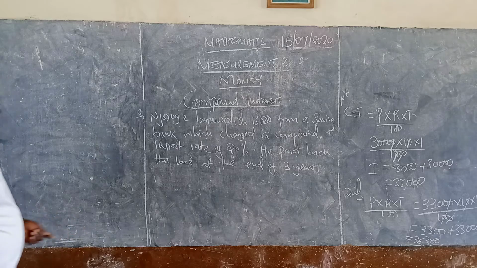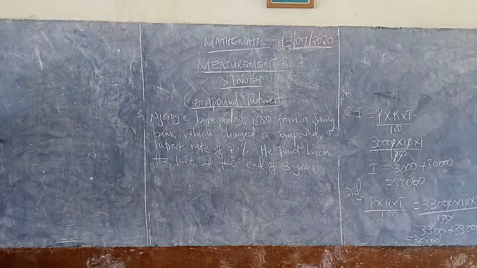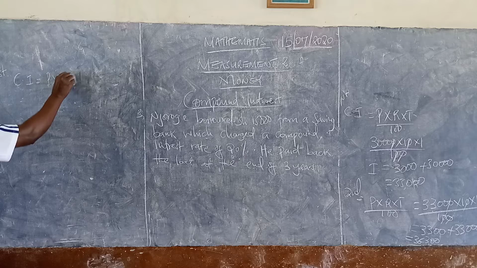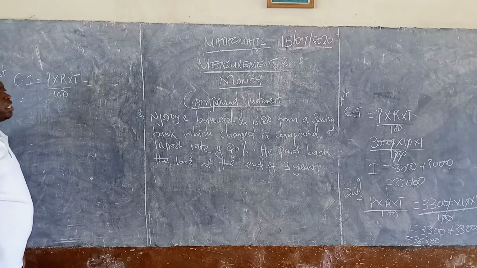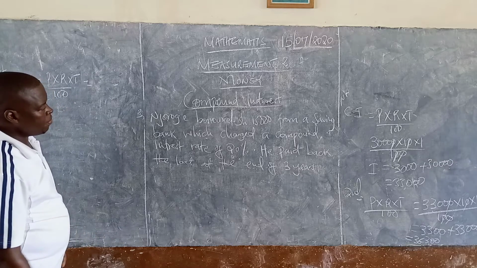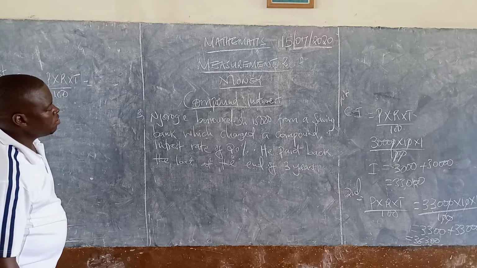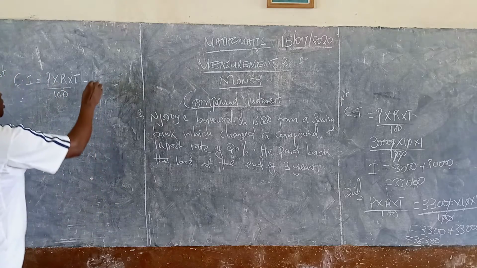So learners, our step one is to find the interest that the bank is making for the first year. Let's say for the first year, the CI, that is the compound interest, is the principal times rate times time over 100. Our principal, the money borrowed from the bank, was 15,000.